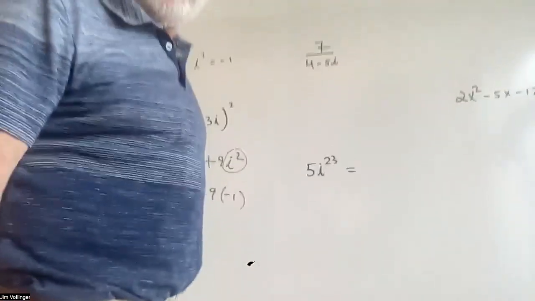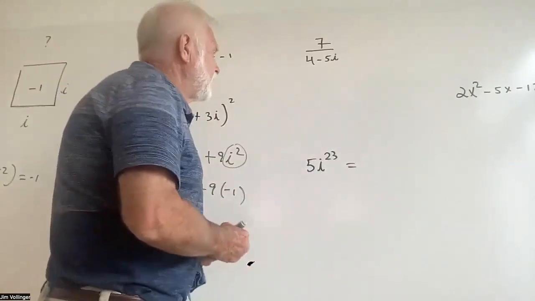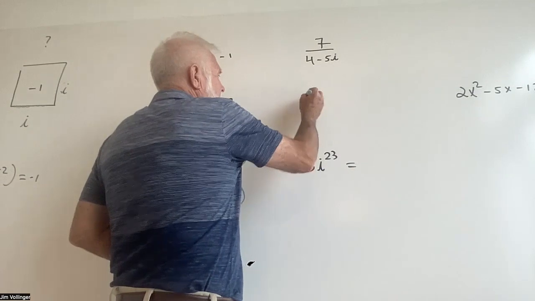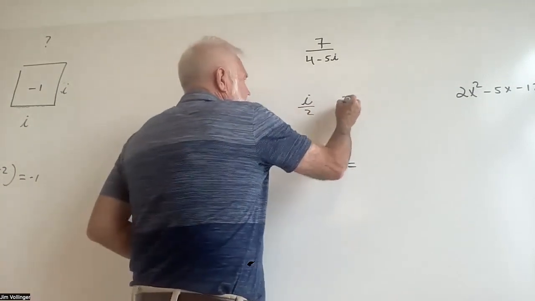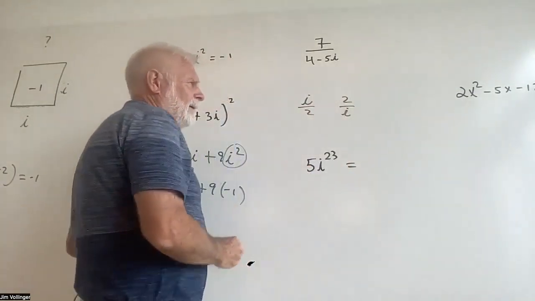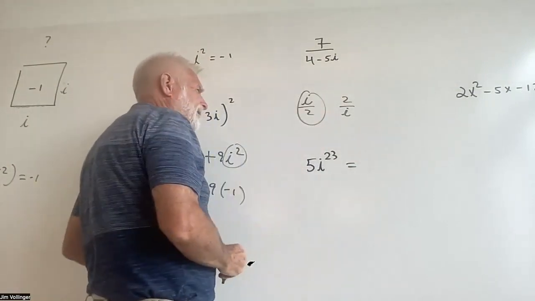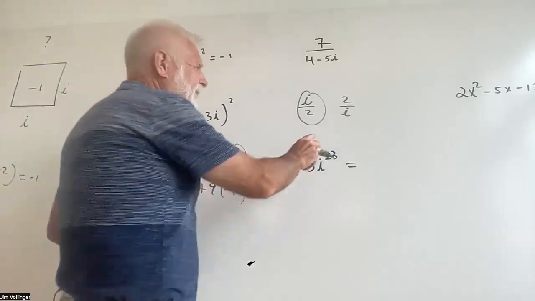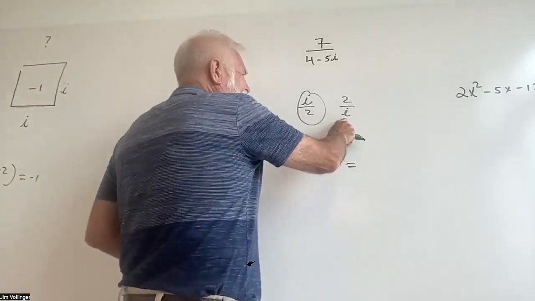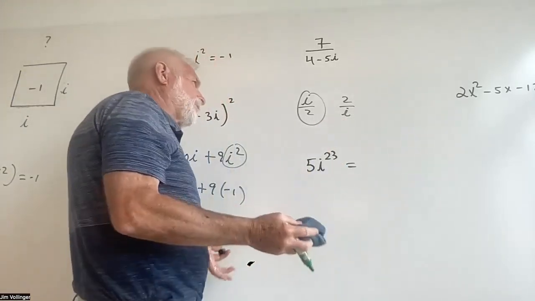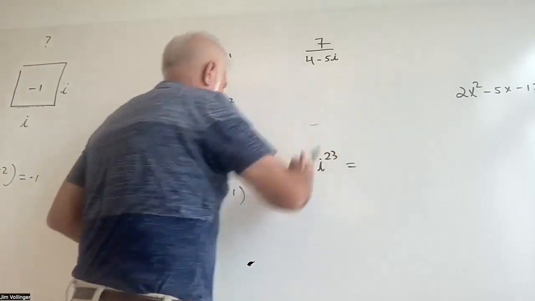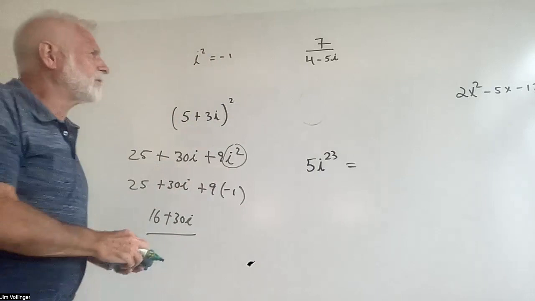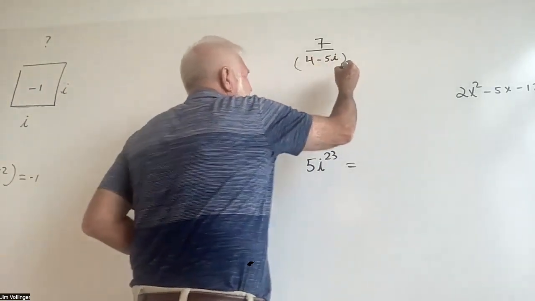7/4 minus 5i. Well, you know, there's a big difference between i cut in half and 2 divided by i. I can get a feel for that. I don't even know what that is. So mathematicians don't like i in the denominator. So we move it. How do we move it? Well, we've got to get i squared. And we also got to get rid of the middle term. So it's called conjugation.